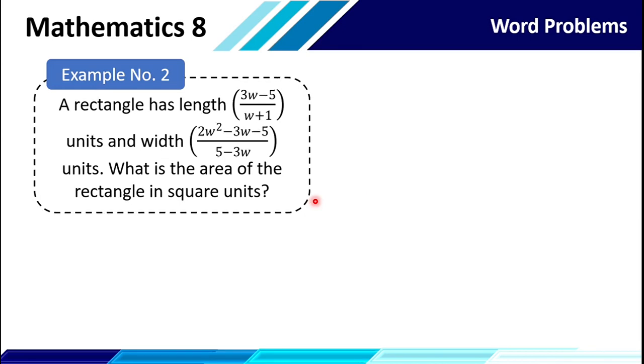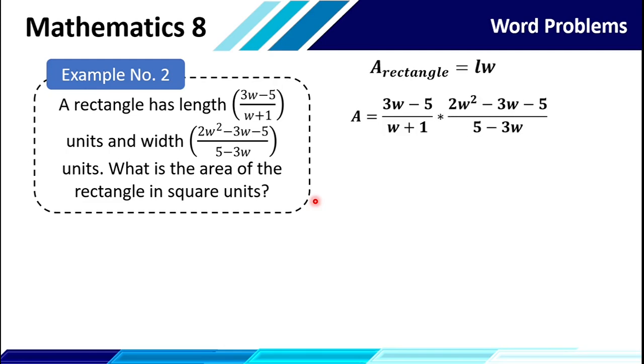To find the area of this rectangle, we have the formula length times width. We have our length, 3w minus 5 over w plus 1, times our width, 2w squared minus 3w minus 5 over 5 minus 3w.